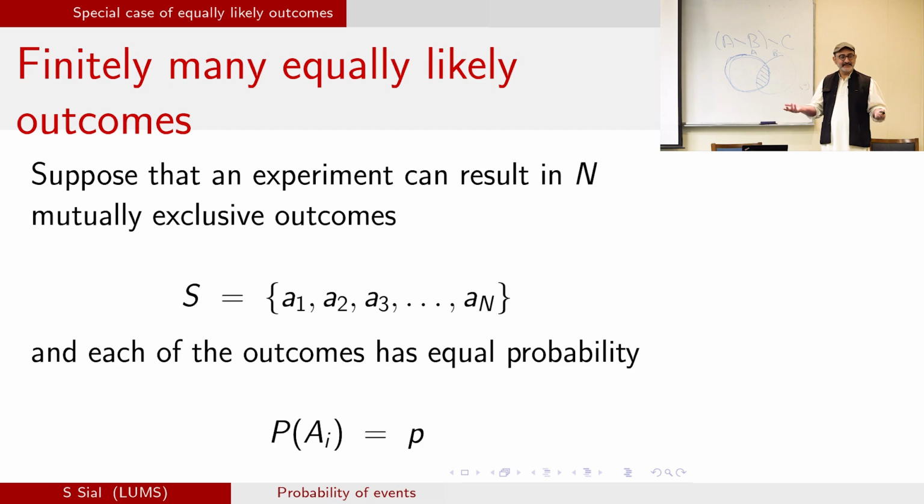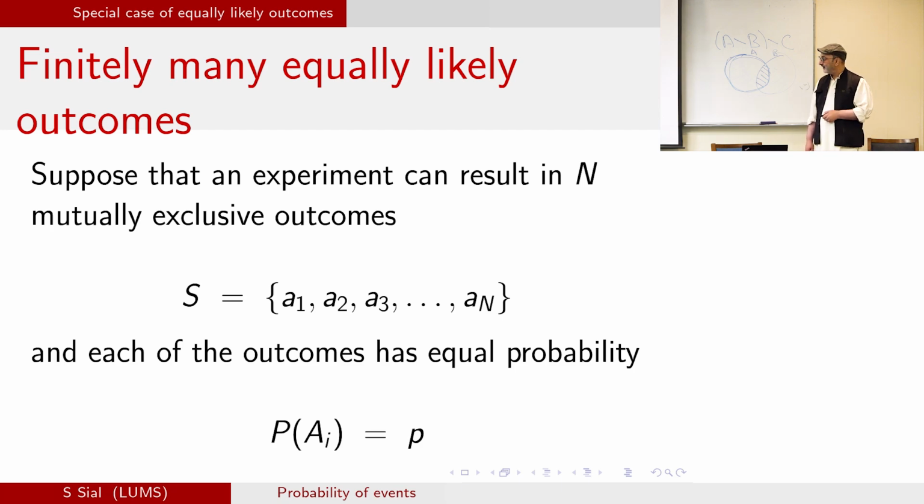It has n distinct outcomes in the sample space. Maybe we'll call them a_1 up to a_n, and they're equally likely. So capital A_i is the subset of S which contains only small a_i.